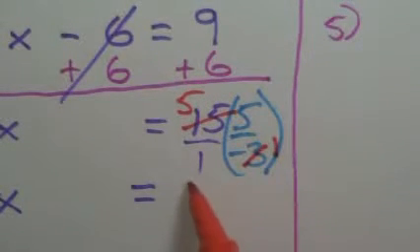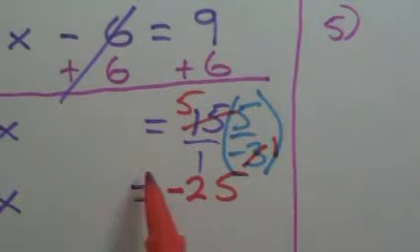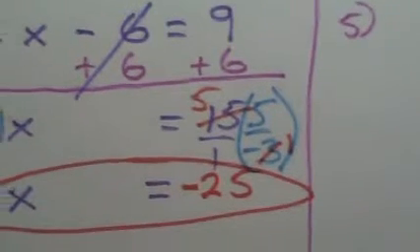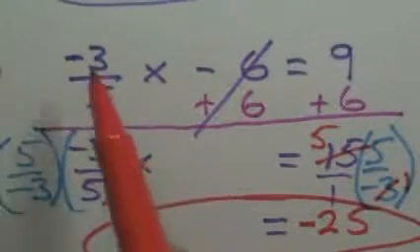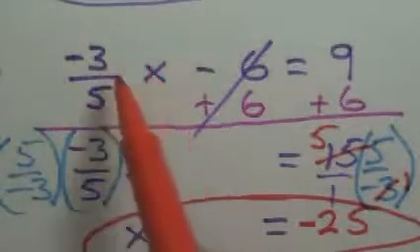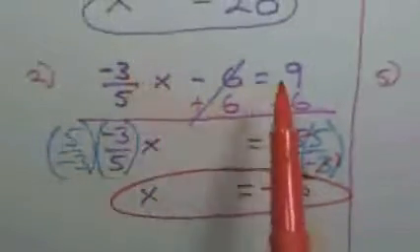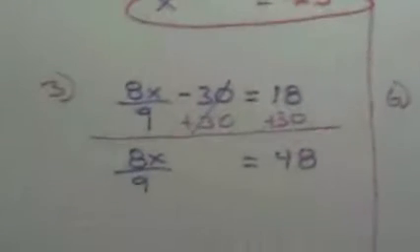So it's 5 over negative, 5 times 5 is 25, and there's 1 negative. So the answer is negative 25. And if you want to check that, you can always put this number over here and plug it in to see if it works, to see if the left side equals the right side. Okay, let's go down to number 3.